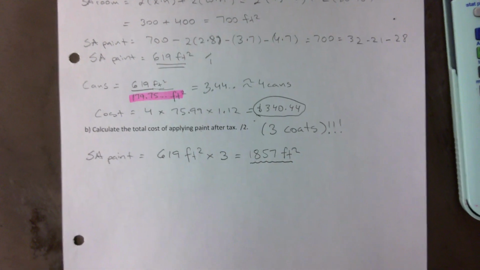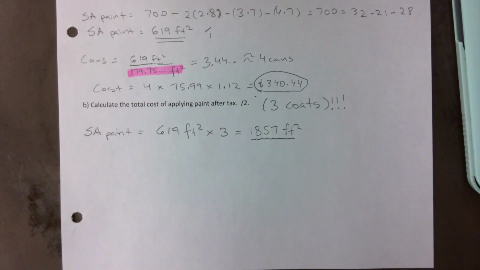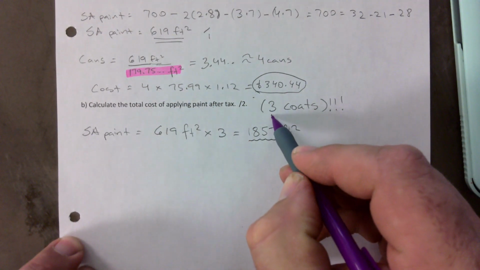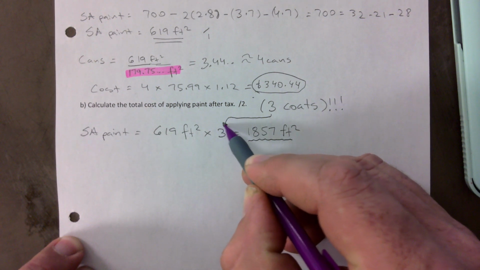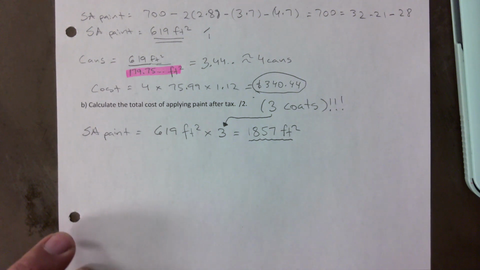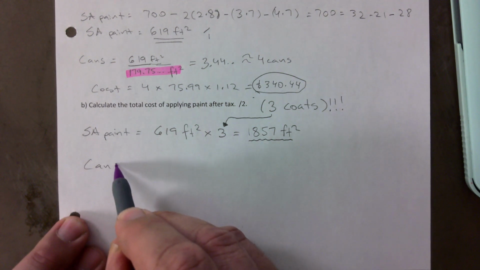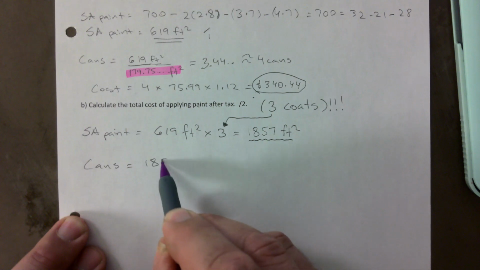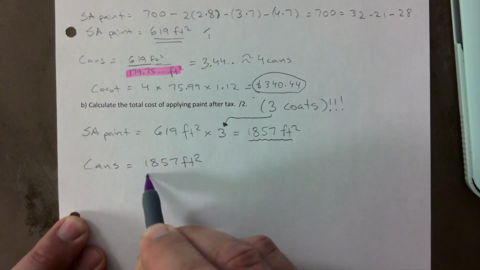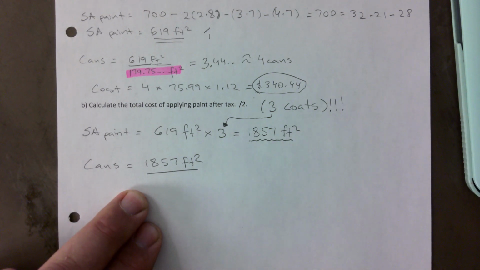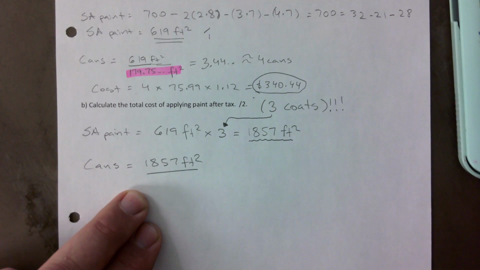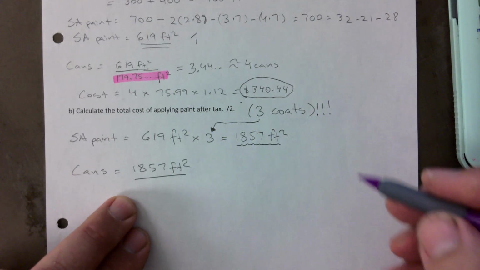So now we're going to figure out how many cans we need based on that fact. Okay, so 3 coats, give it an arrow. We do that right away. Okay. So cans would be 1857 square feet divided by, let's go, oh, it's in squared yards. Way to go. Who does that, right? Who gives something in squared yards? I do, right?